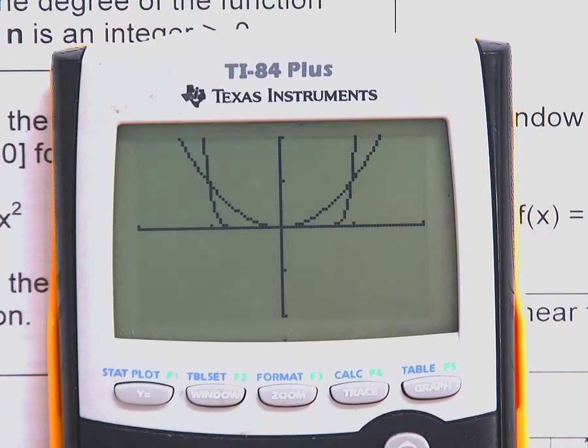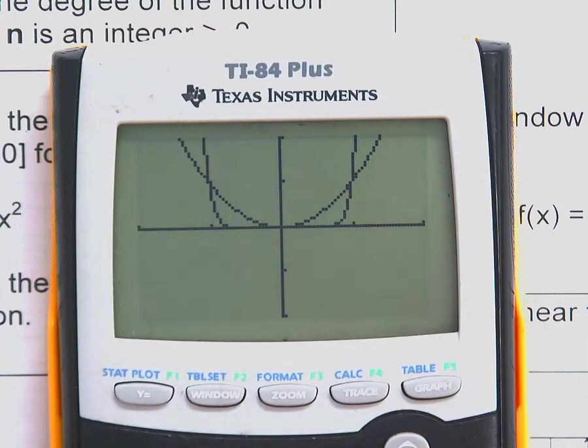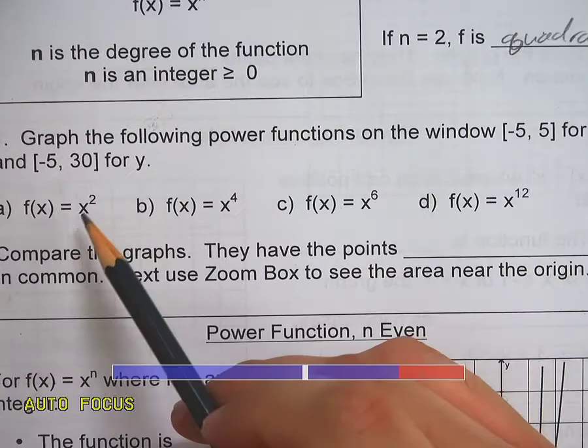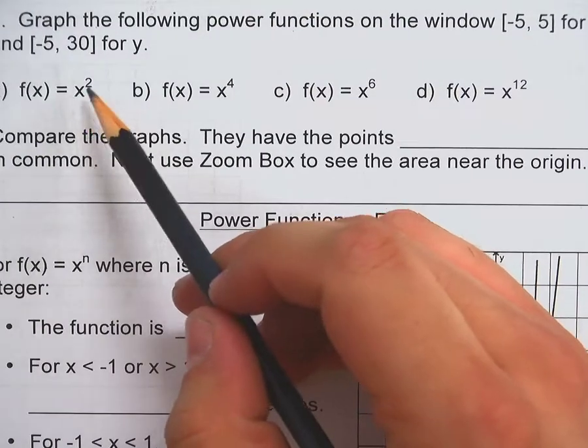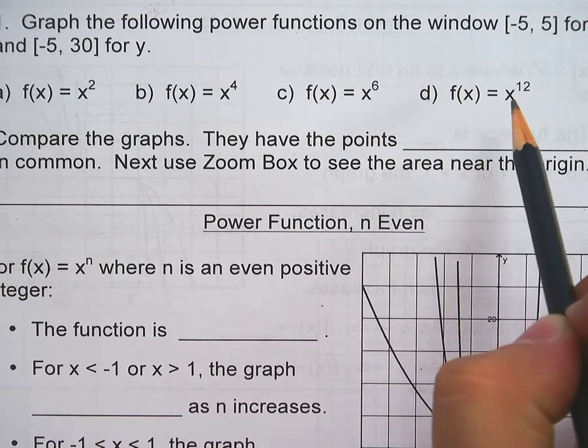All right, so a couple of points on that. If you notice, they all cross at the same points, when x is 1 and -1. That's because -1 squared is 1, -1 to the 4th is 1, -1 to the 6th is 1, -1 to the 12th is 1.